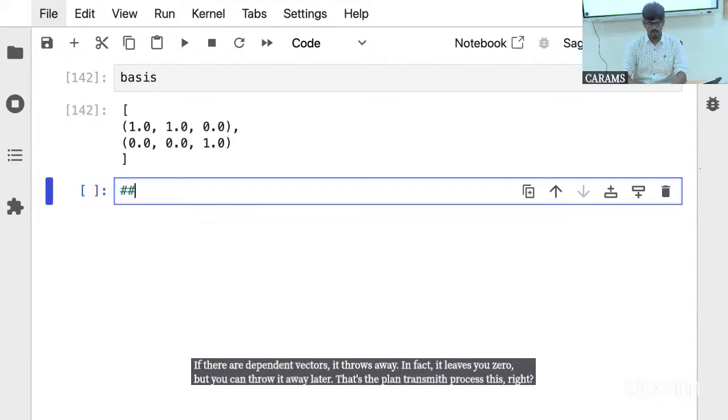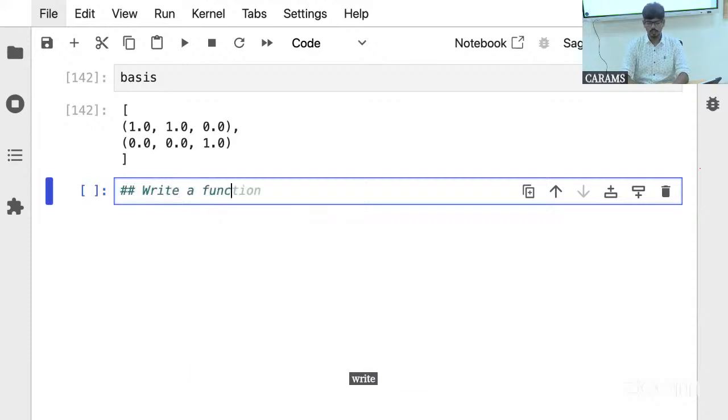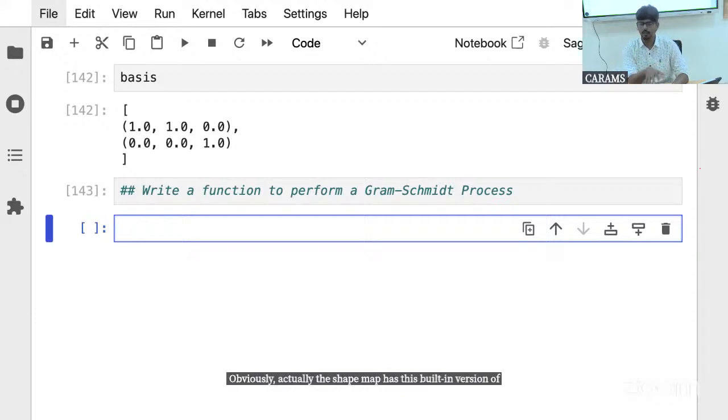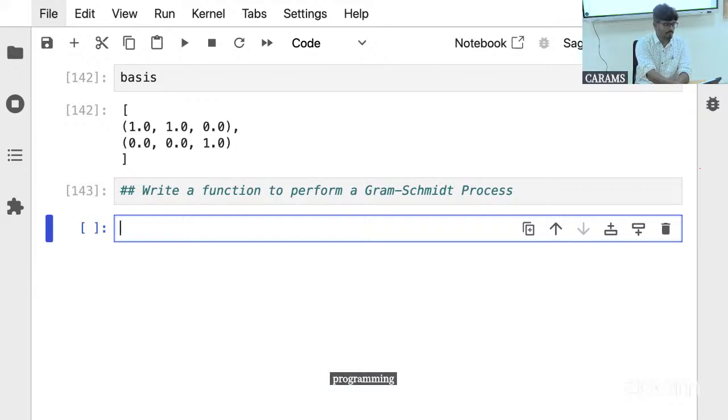So I'll give you a small exercise: write a function to perform the Gram-Schmidt process. You know how to formulate each and every orthogonal vector. Sage Math has its built-in version of calculating it, but it's a good exercise for your programming skills.